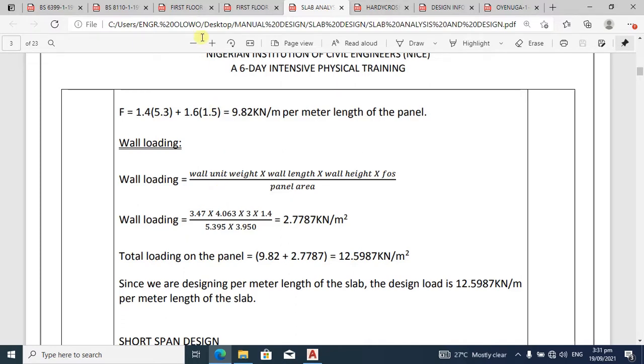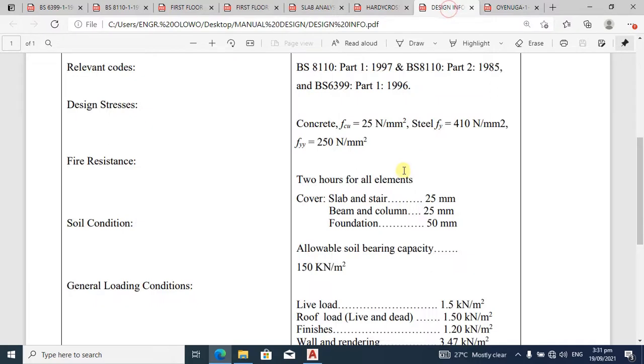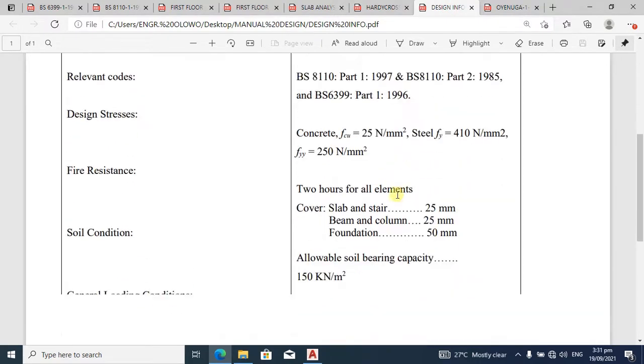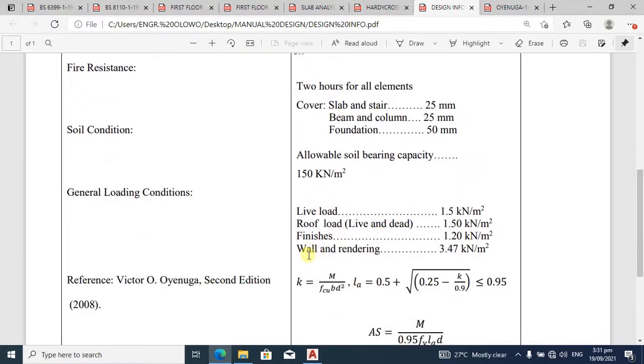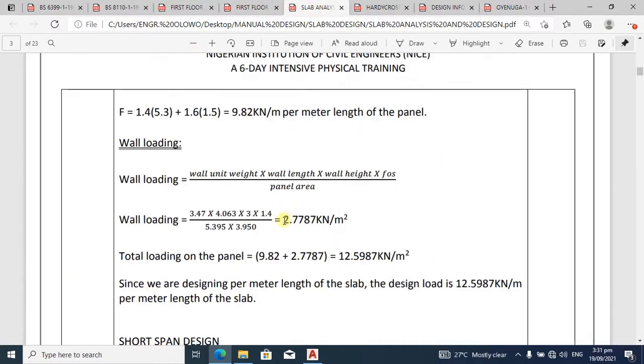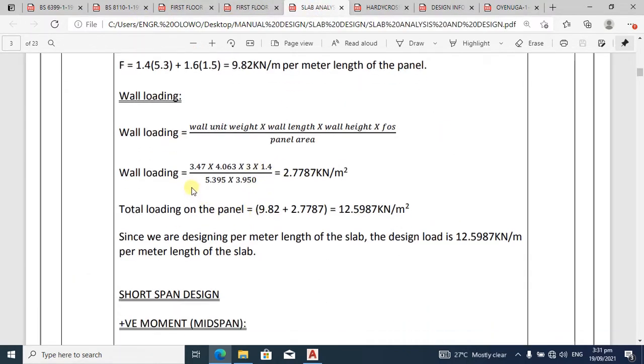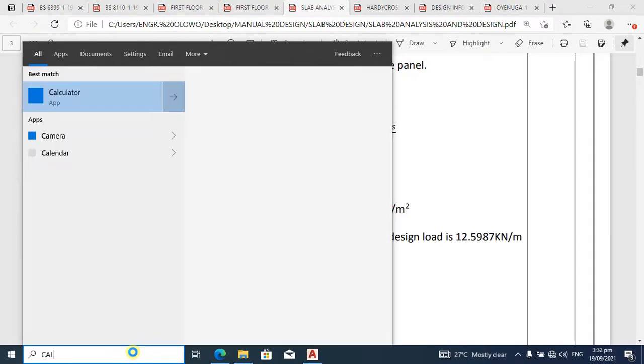Quickly, let me explain to you how I got the 3.47, which is the wall loading. Can you see wall and rendering? We have an assumed value of 3.7. Now let me quickly explain to you how I arrived at the 3.7. Let's go to the calculator.